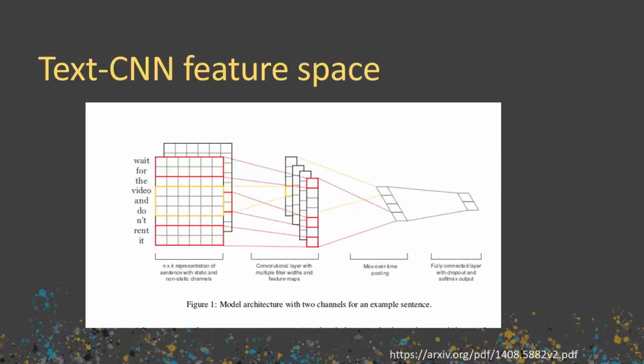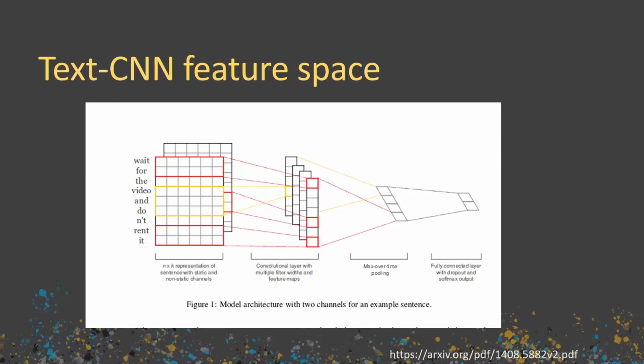So let's have a very quick overview about what text CNN is. Essentially, this is a one-dimensional filter-sized convolutional neural network. It has been shown to perform very well for sentence classification. And here is an architecture picture for what this neural network looks like.